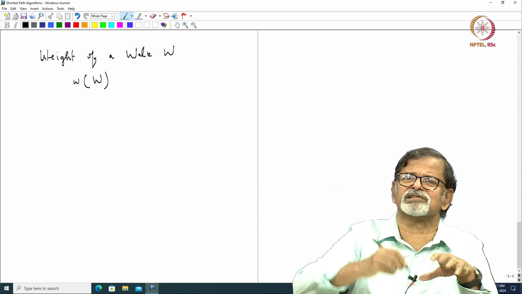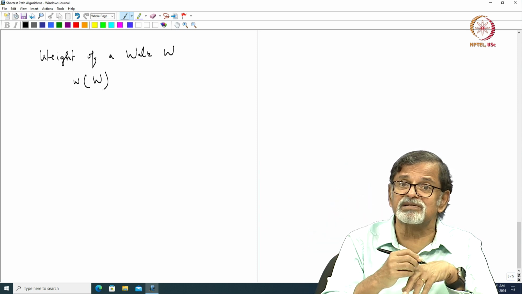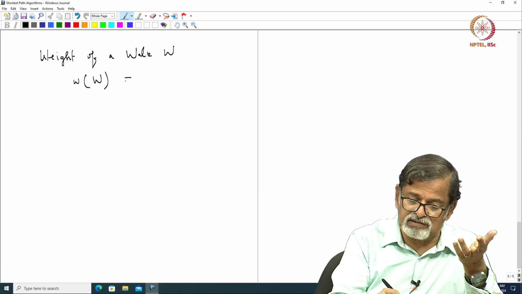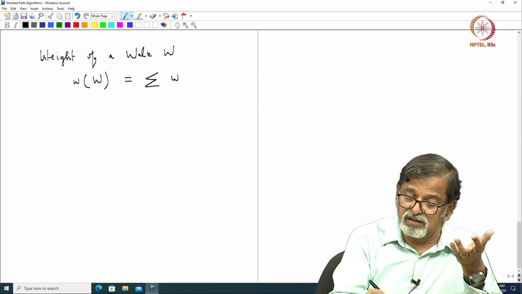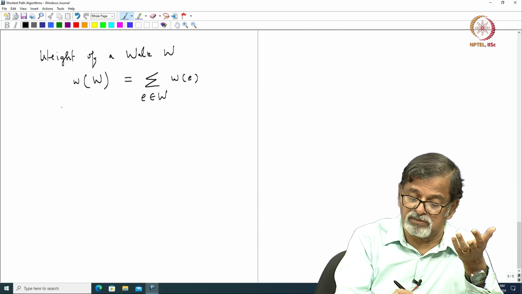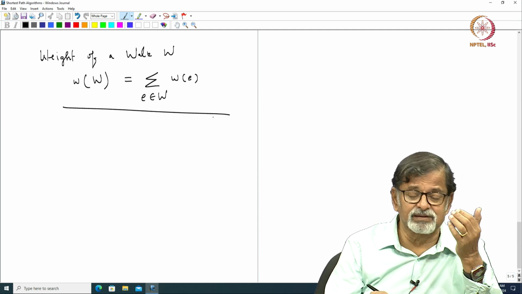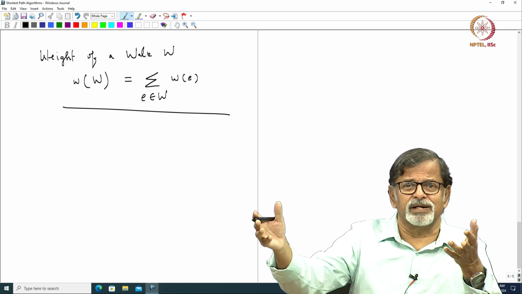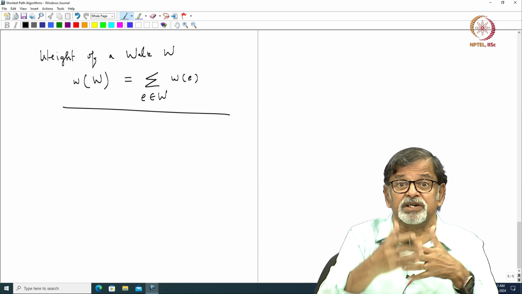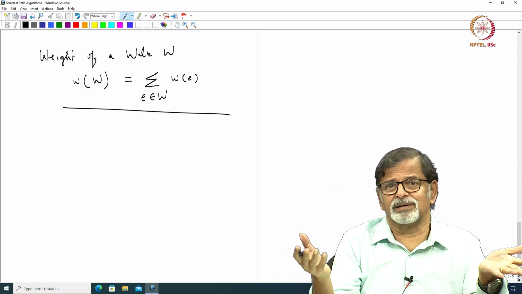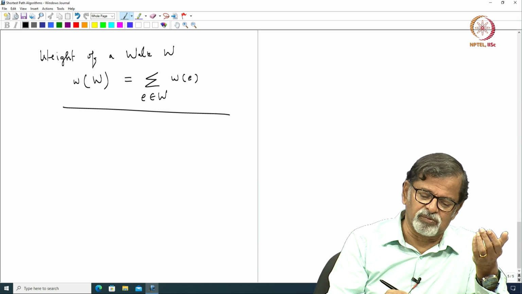Because walks are extending the notion of edges, the weight is considered as sum of the weights of the edges E belonging to W. That is all. So, as you are going along the edges, add their weights. Each edge has got a weight associated with it. Add it. That way you get the weight of a walk.